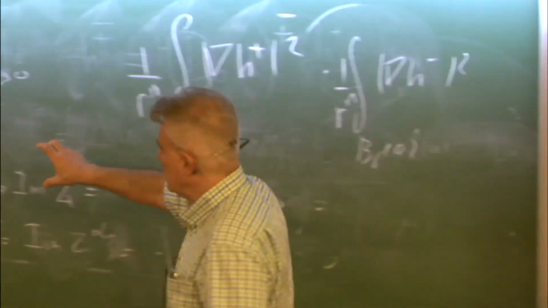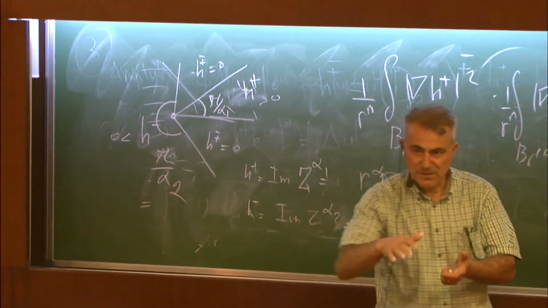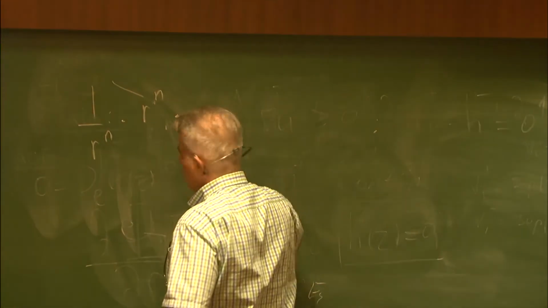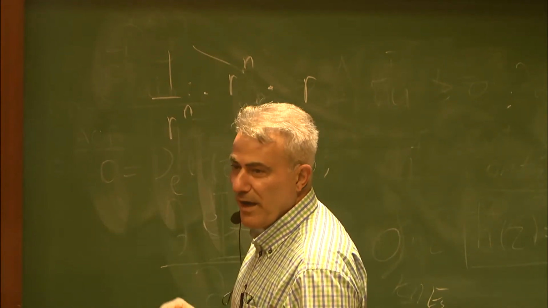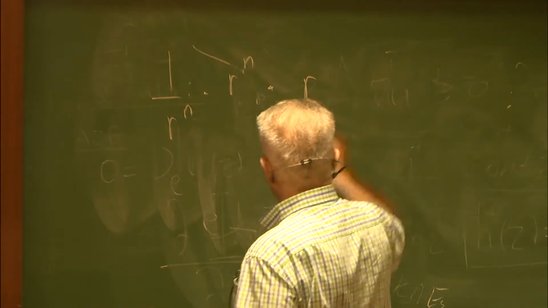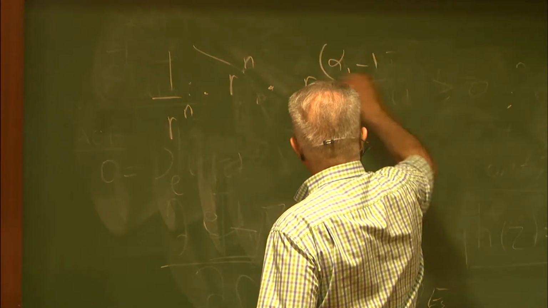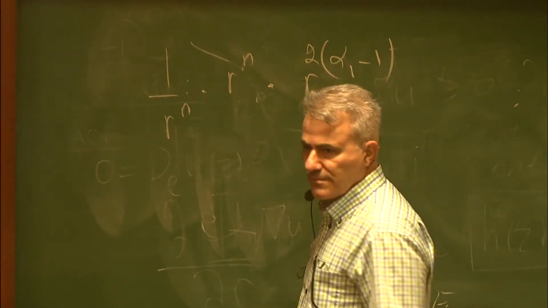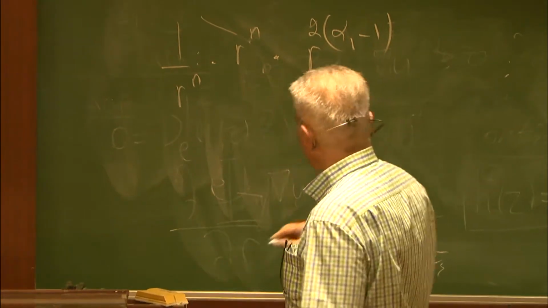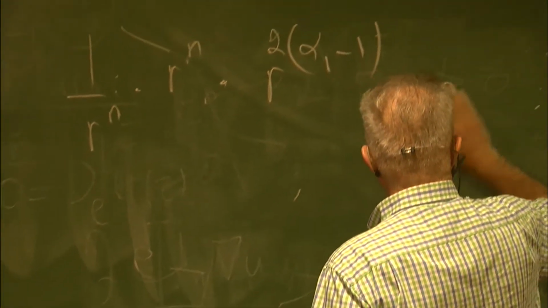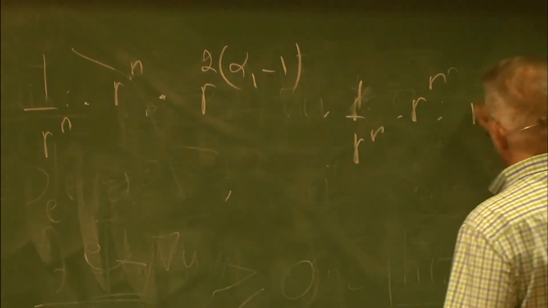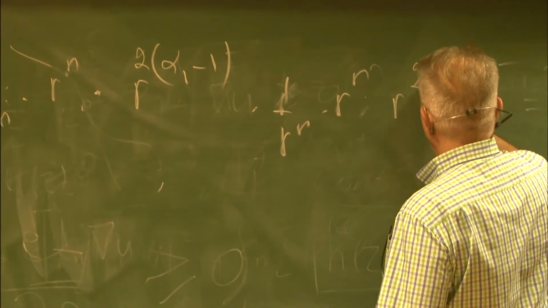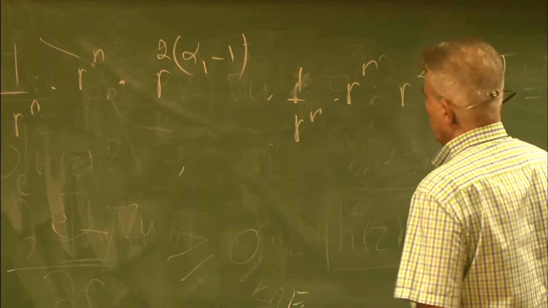I can rotate this and have something here, okay? So I'm considering a rotation of it. It will be r to power what? If I take the derivative, it will be alpha 1 minus 1. So it will be alpha 1 minus 1, and then power 2. That's the first integral. The second one is 1 over R^n times r to power n, and then r to power 2 alpha 2 minus 1.